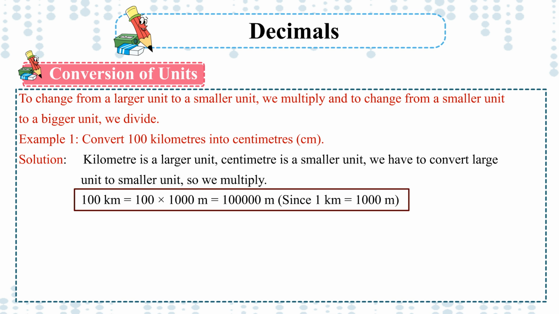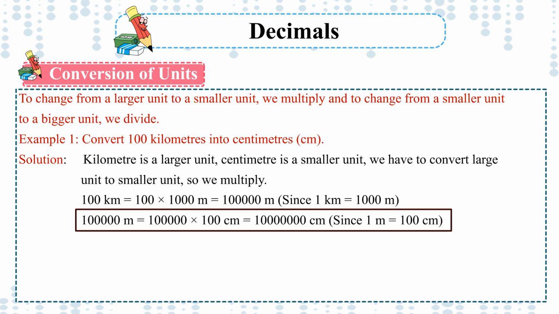Since 1 kilometer equals 1000 meters, 1 lakh meters is equal to 1 lakh multiply 100 centimeters equals 1 crore centimeters. Since 1 meter equals 100 centimeters.